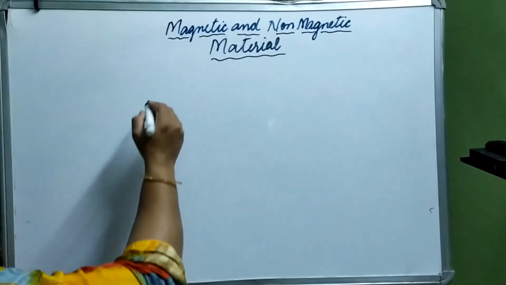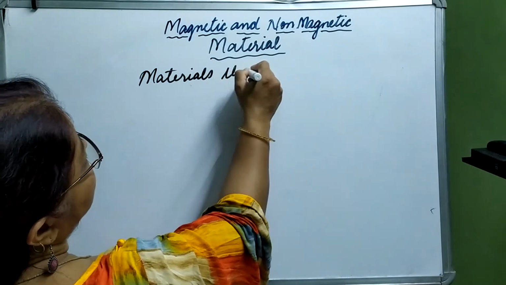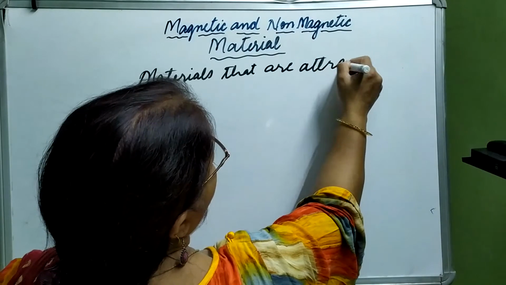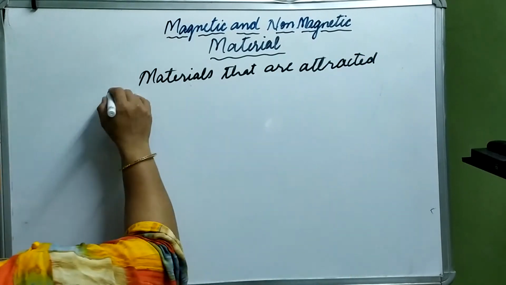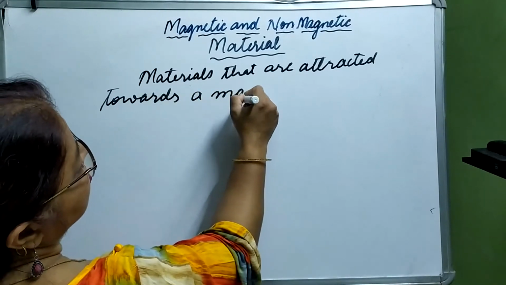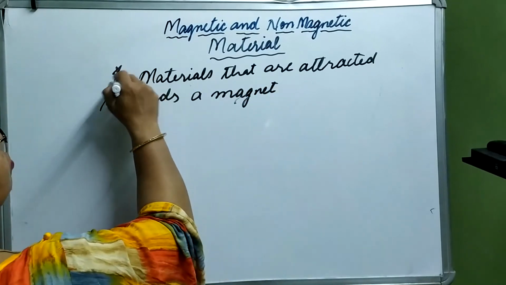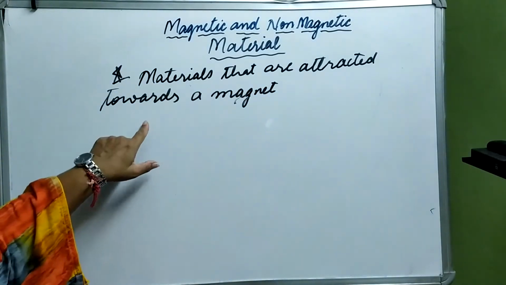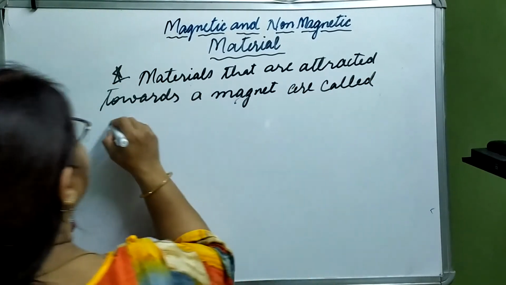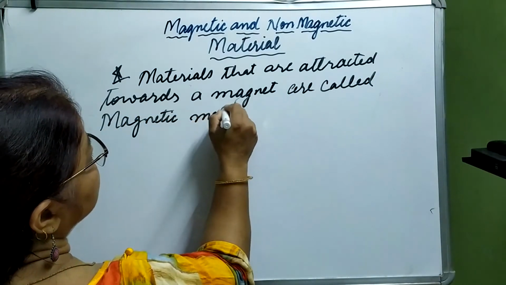See, the materials that are attracted towards a magnet are known as magnetic materials.